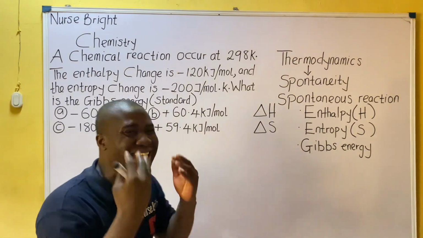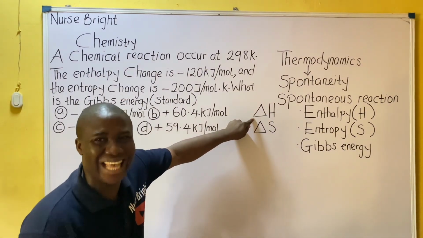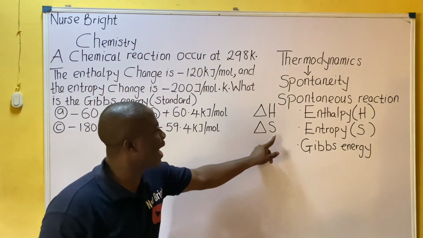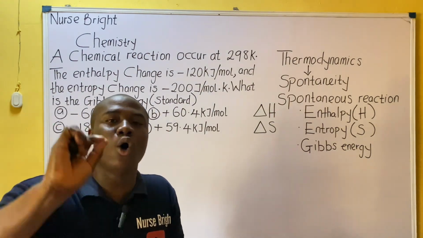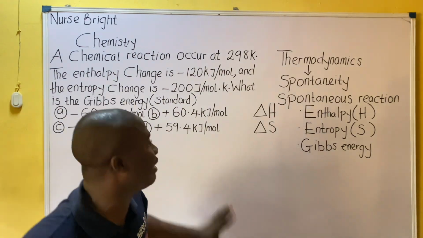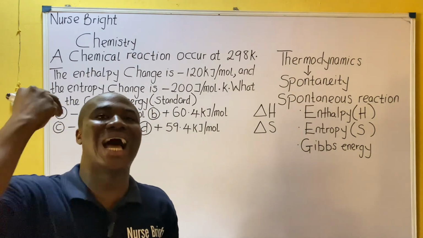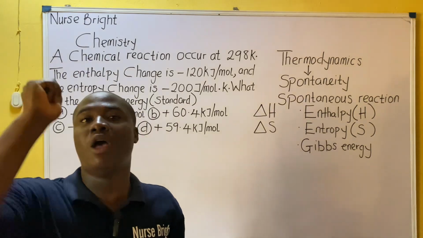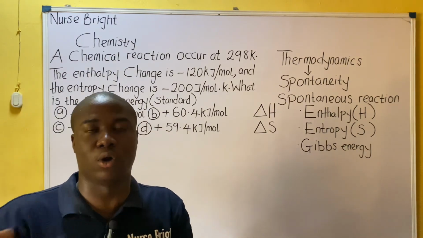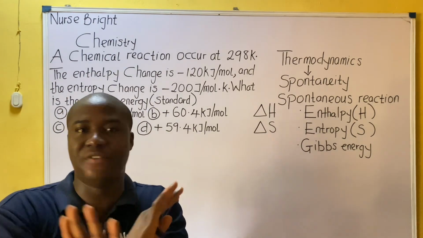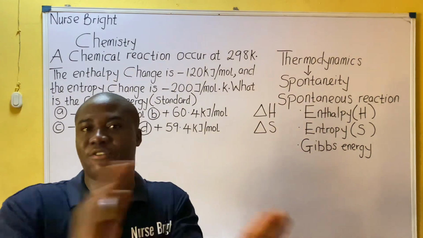In science, this is delta H, delta S. Are you following me? So all these must be noted. All of them listed here are conditions that determine if a reaction will be spontaneous or not. Relax. All these are very, very easy. They are not difficult at all.